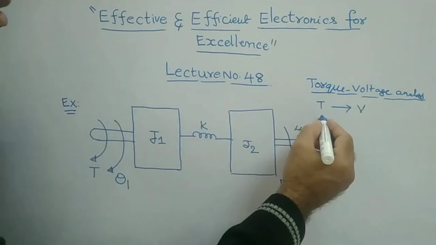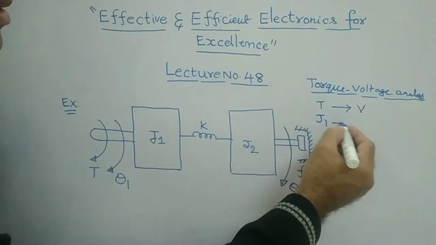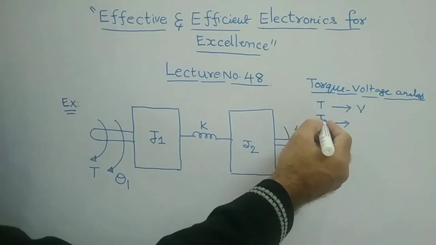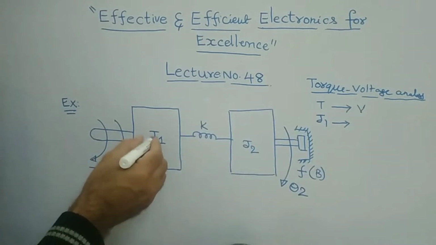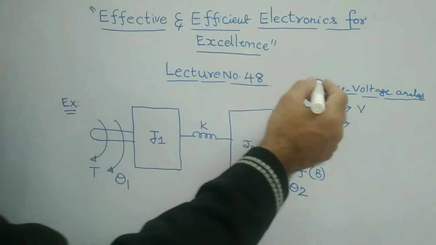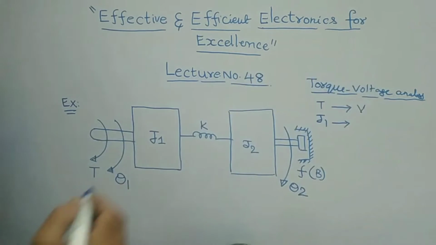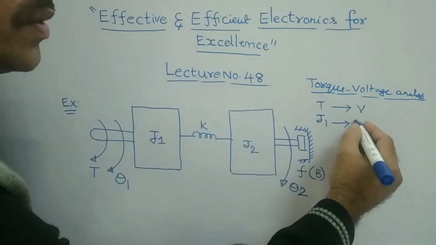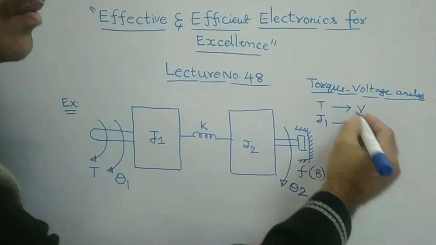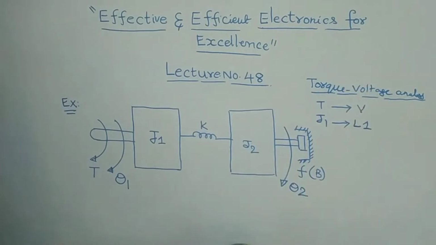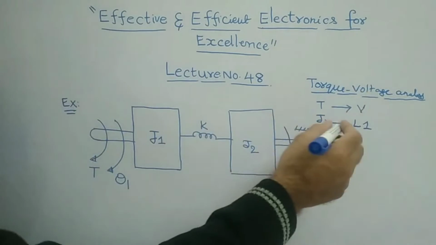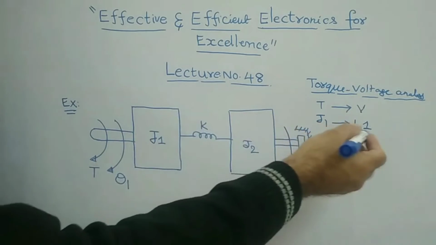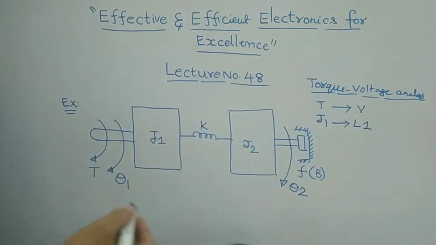Similarly, J1, the moment of inertia. Normally it is J in general, but since it is the first block, I am taking it as J1. In the torque voltage analogy, just as in the force voltage analogy where M equals L, similarly here J1 is nothing but L1, the inductance of the electrical circuit.